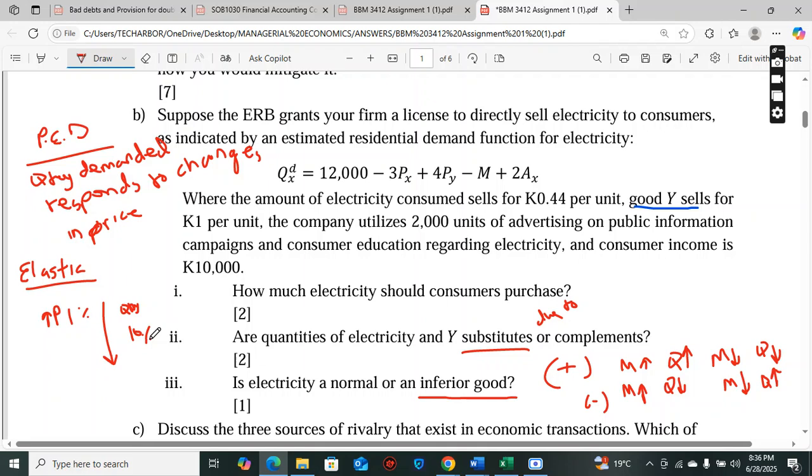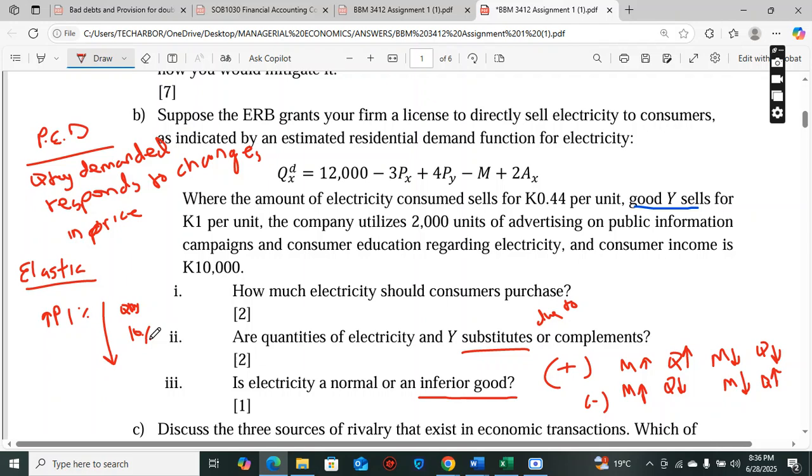So a perfect example, especially goods that have got a lot of substitutes, their demand is elastic. Let's say in this example we put Coca-Cola, Pepsi, and all these other soft drinks. Coca-Cola just tries to raise the price of Coca-Cola by, let's say, 2 kwacha.